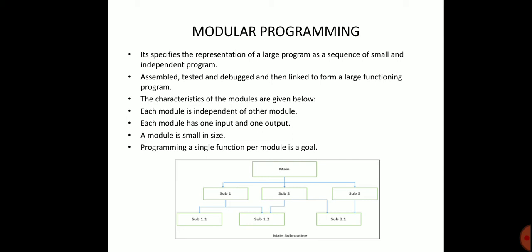So individual modules can be executed, tested and debugged, and their outputs combined to form the large application program in our 8086 microprocessor. Dividing the main program into subprograms like this is called modular programming. In this modular programming, we are using assembly language programs in our 8086 microprocessor.